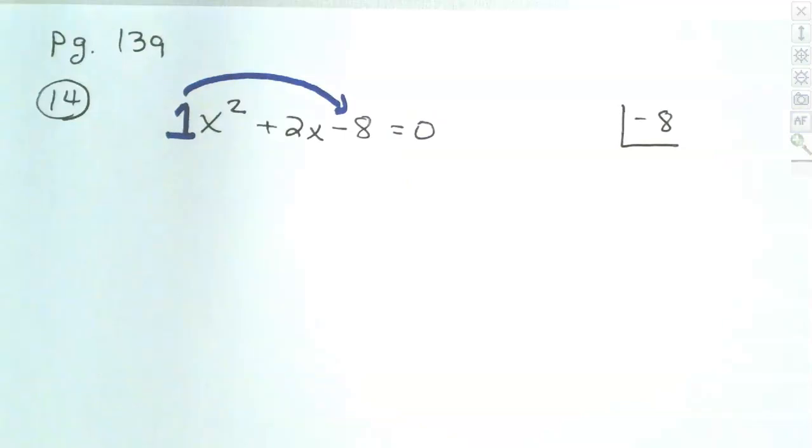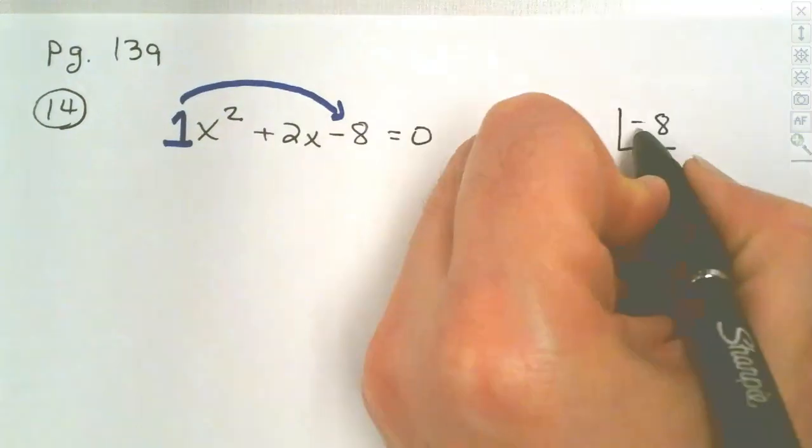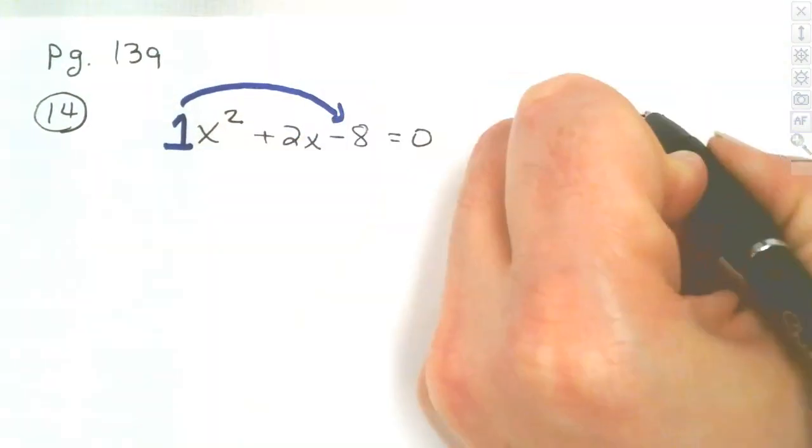Now that 8 again in that box is negative. So what does that tell us about our signs? Are they the same or are they going to be different? How can we multiply to get a negative? One positive, one what? Negative. So since this is negative, we have one positive, one negative.